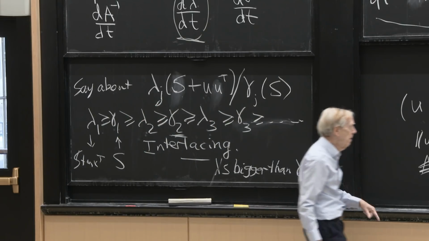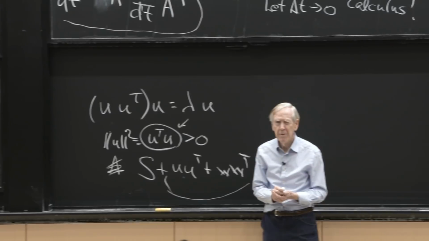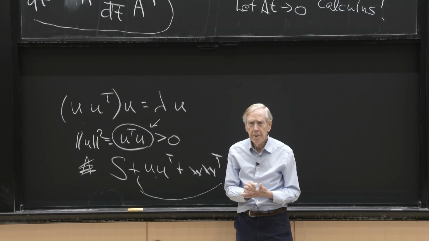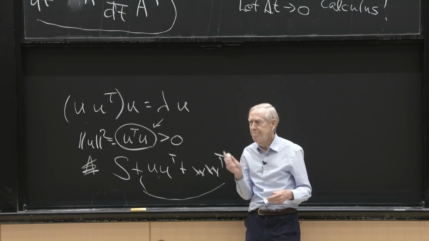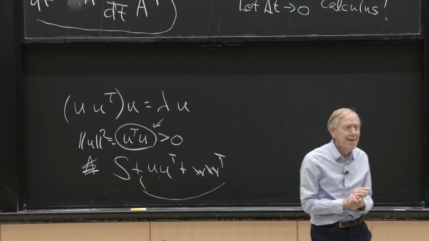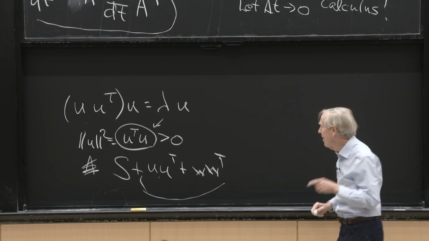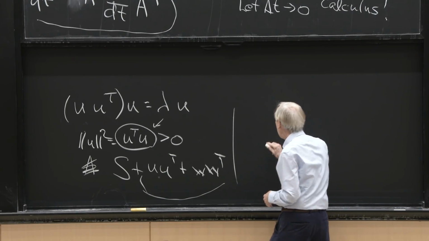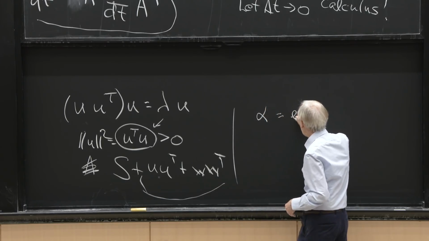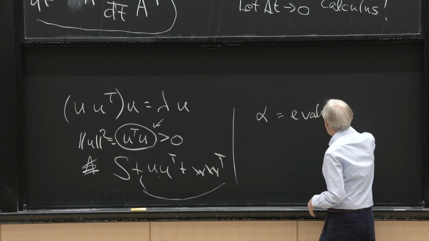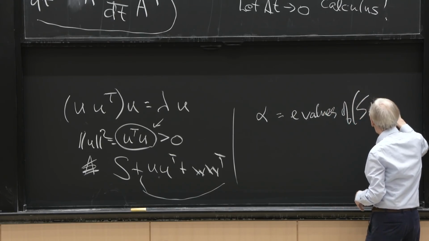So now, maybe I should use another letter. Did the Greeks have any other letters than lambda and gamma? They must have had some. Who knows one I can write? Alpha, good, alpha, yes, right. So alpha is the eigenvalues of this rank 2 change.